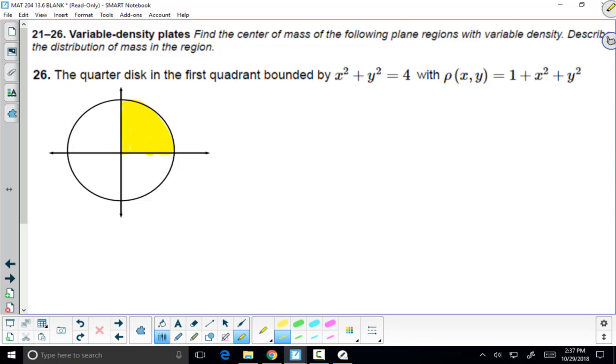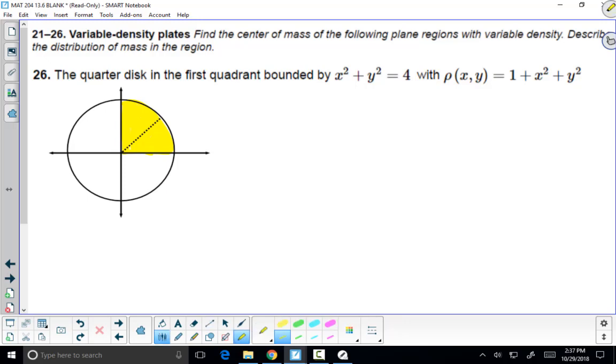First off, actually, let me say one other thing. Can we agree that the x value and the y value are the same here? So, in other words, can we assume that the center of mass has to be on that diagonal line that bisects quadrant 1? Certainly the geometric center should be on there. But will the center of mass be on there? So we can no longer just consider the shape of the region.